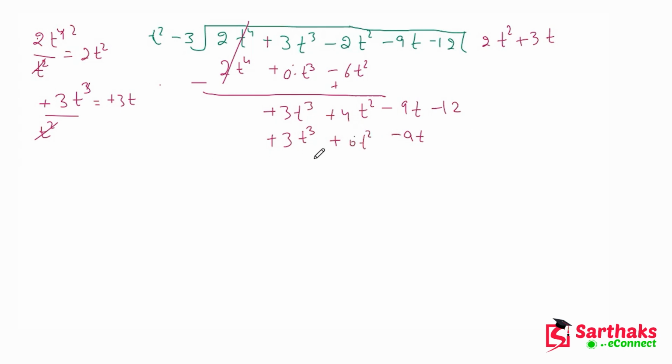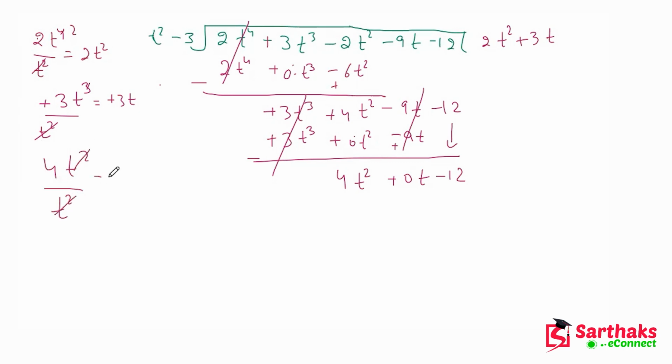Okay, now if we subtract it, then we get this got cancelled. We got 4t square, and here is minus becomes plus, and this also got cancelled. Okay, plus 0t. Now here is minus 12. Now again 4t square divided by t square, we get 4.